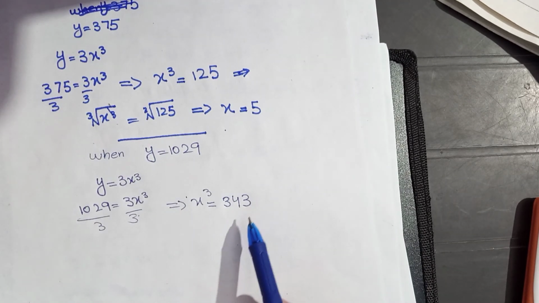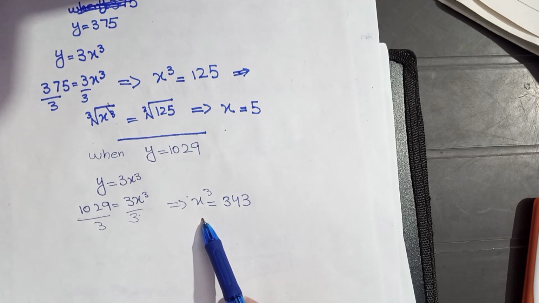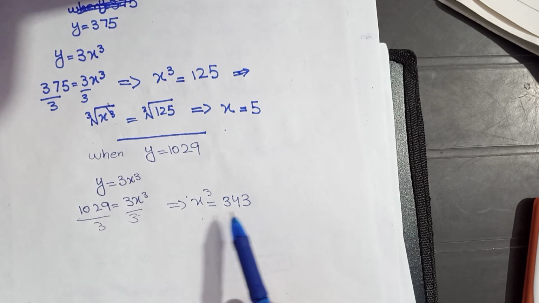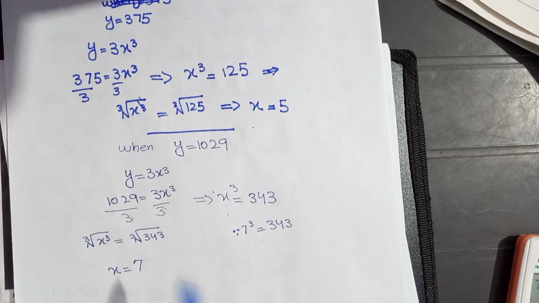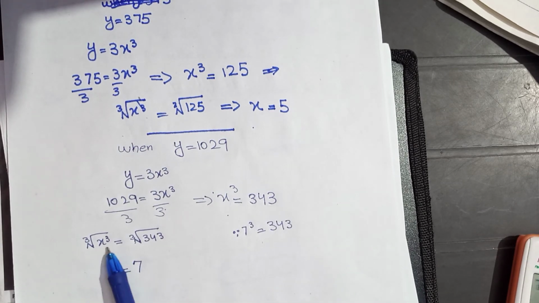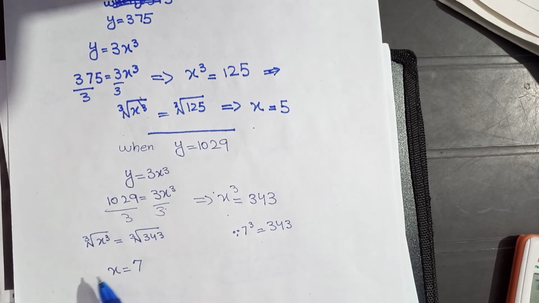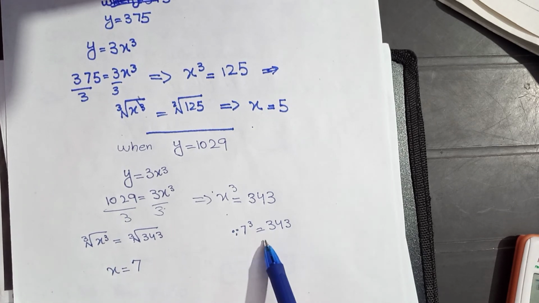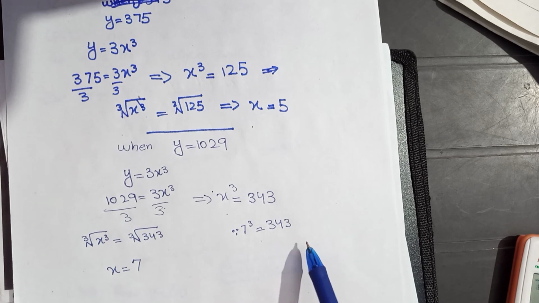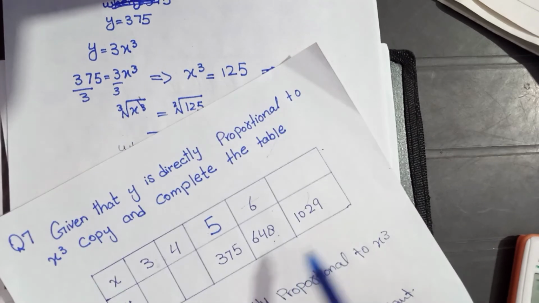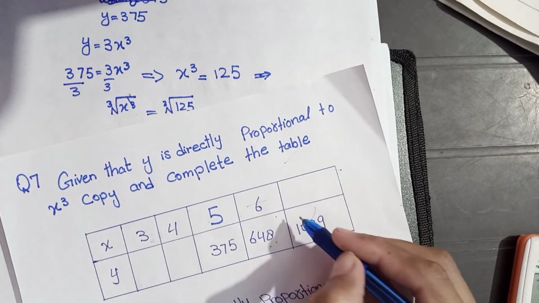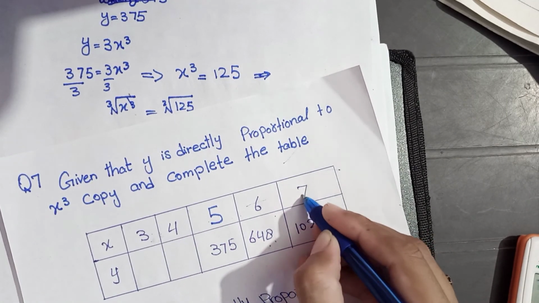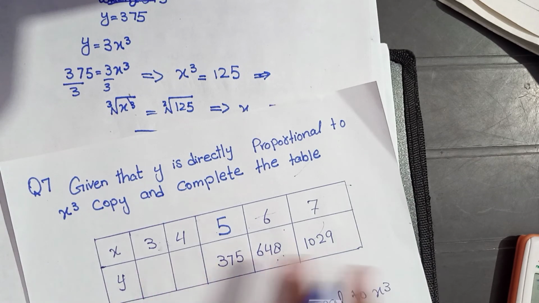But we need to find the value of x, so we take the cube root on both sides. x is equal to 7. How? Because 7 cube is equal to 343. So when y is equal to 1029, x is equal to 7.